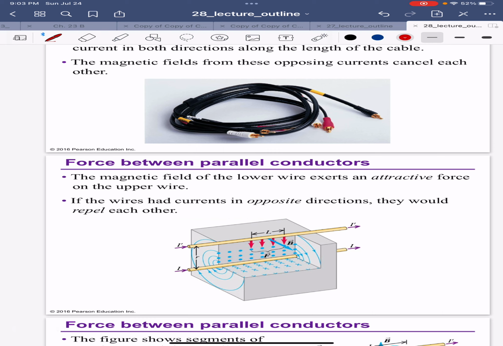Now, if we have two of these long straight current carrying conductors, we find that the magnetic field of the lower exerts an attractive force on the upper wire, and if the wires had currents in opposite directions, they would repel each other.